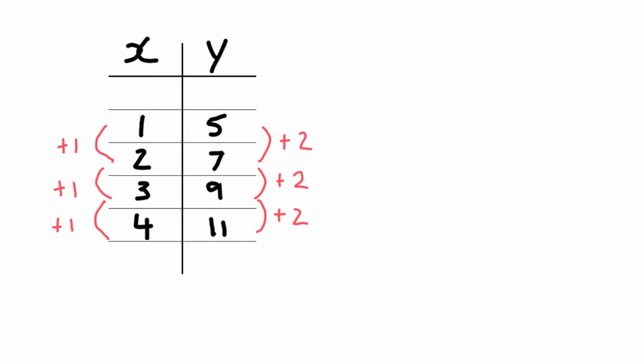Now the first thing that we need to calculate if we're coming up with an equation is something called the rate of change. And I'm going to just call it the ROC. And the rate of change is the change in y over the change in x. Now you might see these little triangle symbols here.